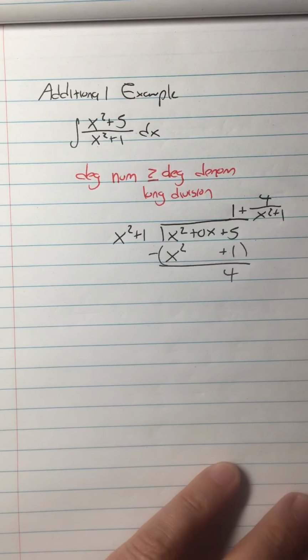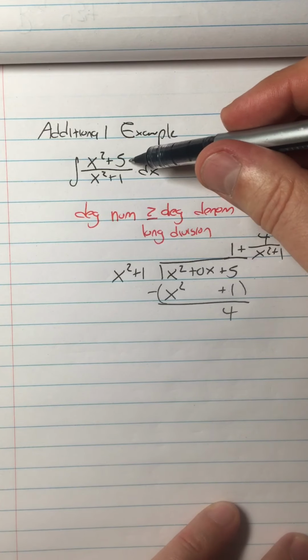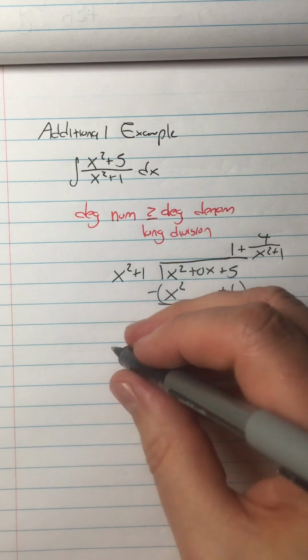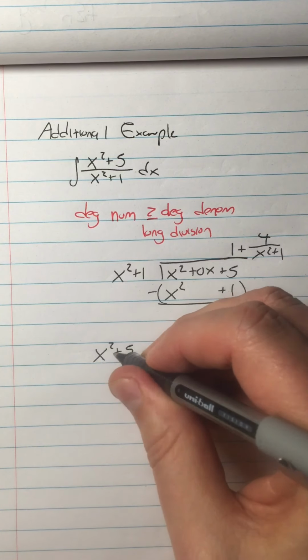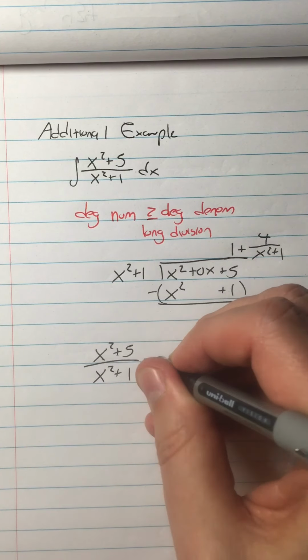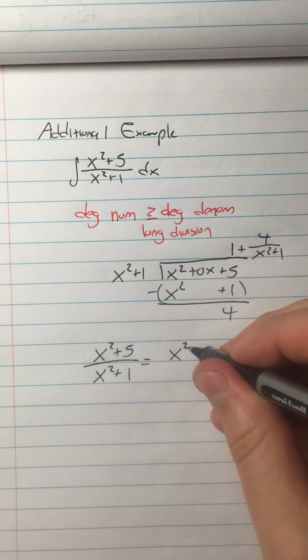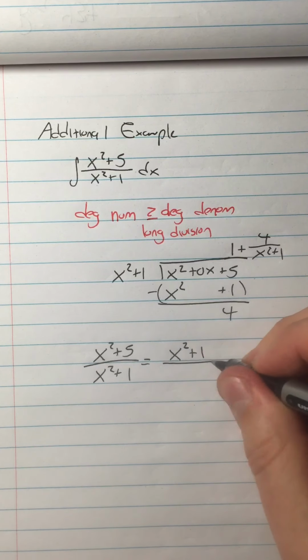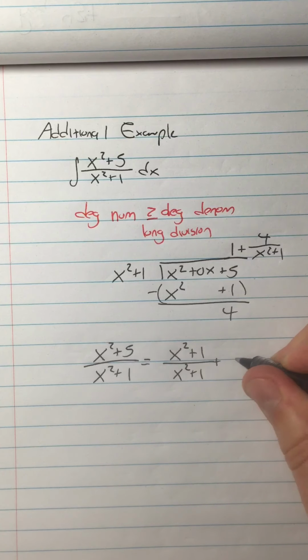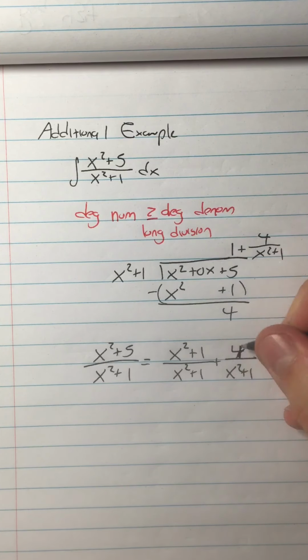Now, by the way, there is an easier way to get from this expression to this expression. If you just notice that if I have x squared plus 5 over x squared plus 1, then I could rewrite that as x squared plus 1 over x squared plus 1 plus 4 over x squared plus 1, right? Because I could combine these numerators and I'd get that.